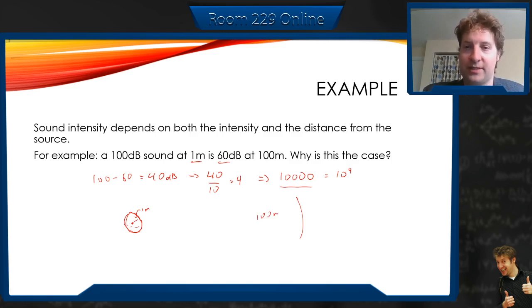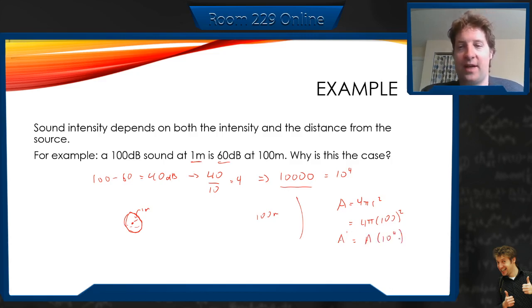And how much bigger has it gotten? So the area of a sphere is 4 pi r squared. So if I change this radius to 100, that's going to be 4 pi 100 squared. So that's going to now be my new area, let's call it A prime, is going to be my initial area, A, multiplied by 10 to the 4, 10,000.